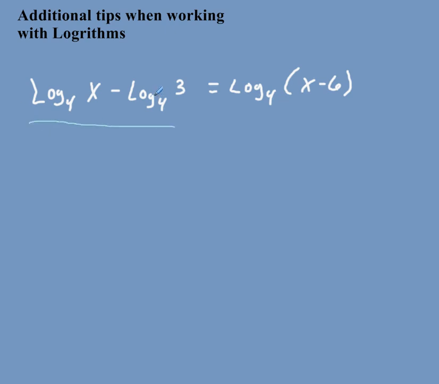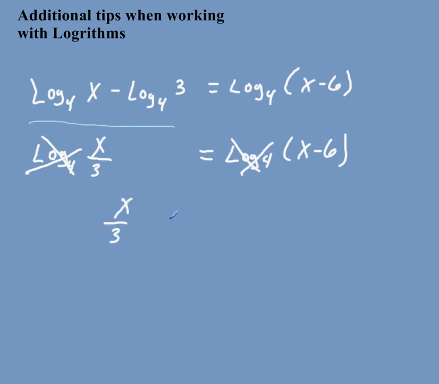If you remember from part 1 of the previous discussion, this can be rewritten as log base 4 of (x over 3) is equal to log base 4 of (x minus 6). Now we have one log here, one log there. Now let's cancel out, and we end up with x over 3 is equal to x minus 6.